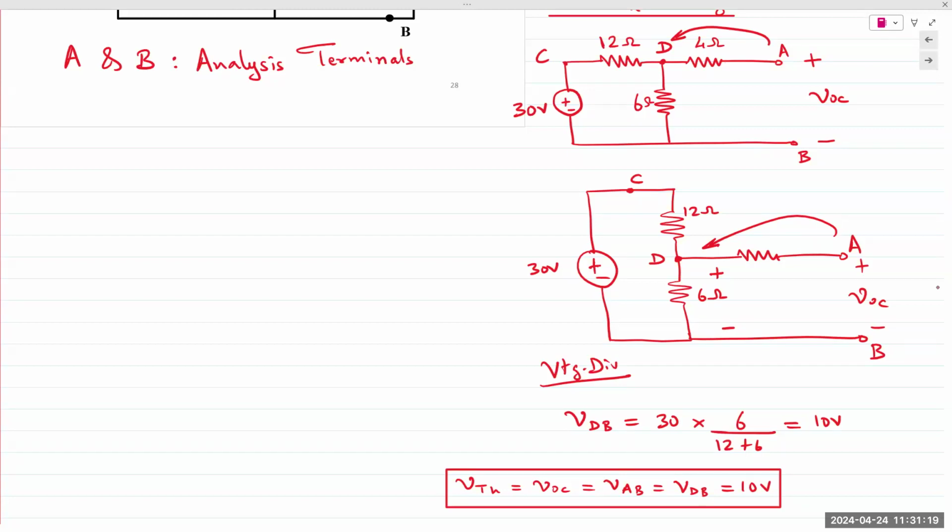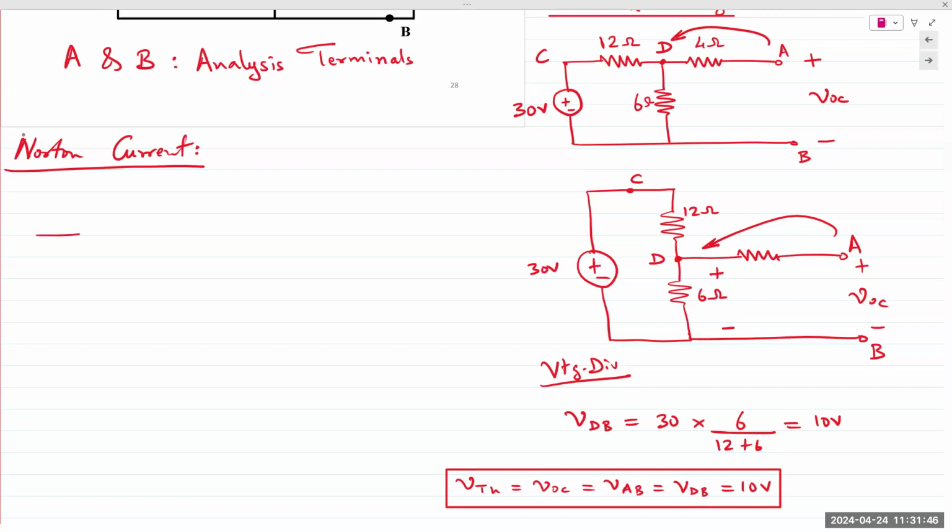All right, let's move on to the Norton current then. If you draw out the circuit that is required to determine Norton current, it needs a pathway to flow through. So now at my analysis terminals, I have to connect a wire for the current to flow from A to B. Draw out the entire circuit exactly the way it was.